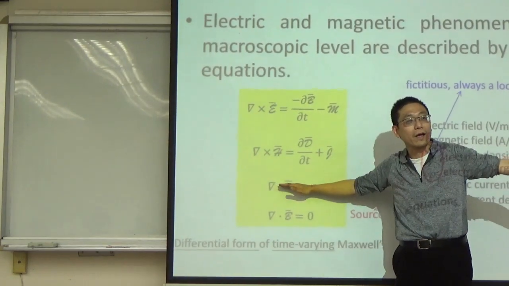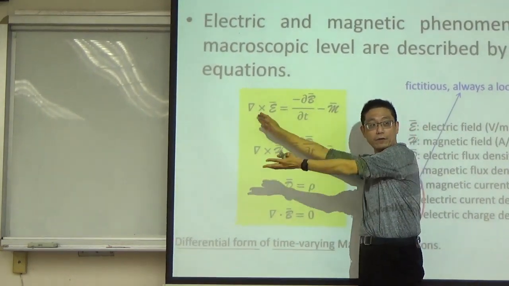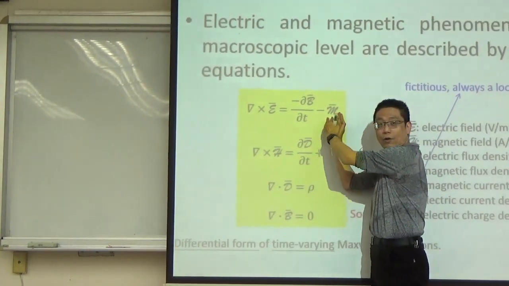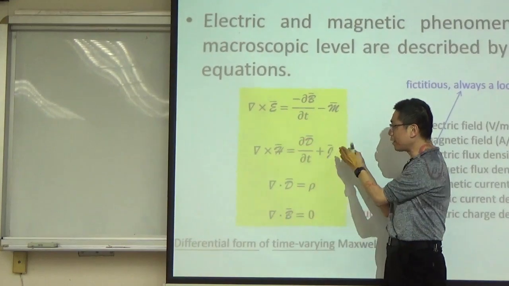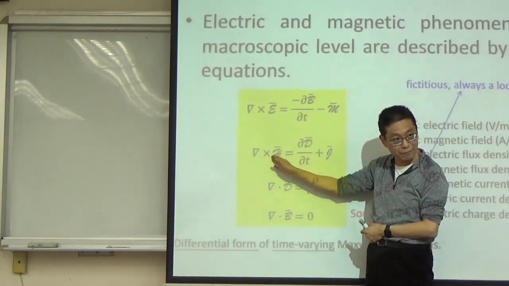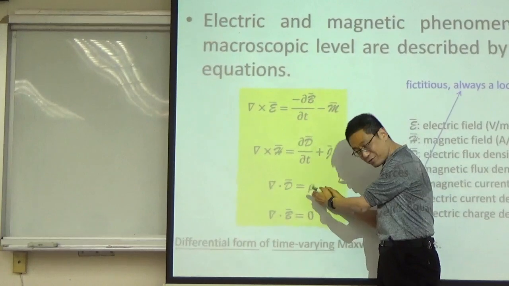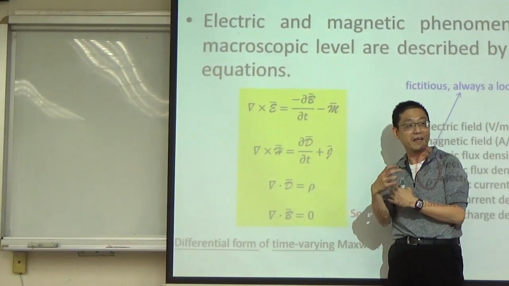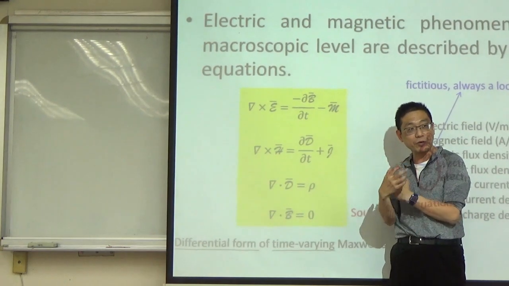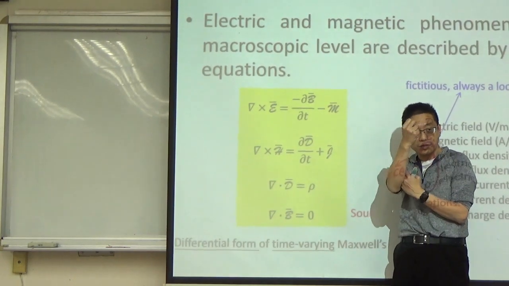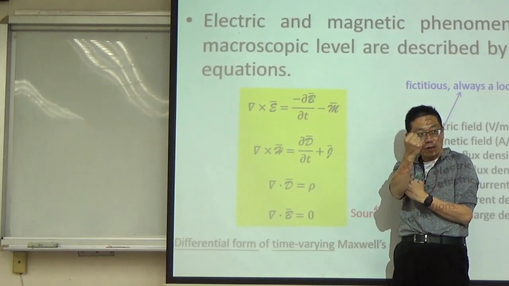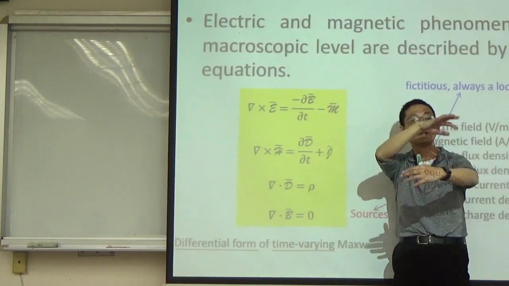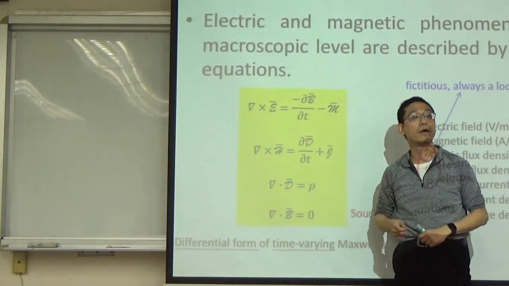This is the third one. I have a source, I have a field. I have a magnetic source, I have an electric field. I have an electric source, I have a magnetic field. I have an electric source, I have an electric field. They come together. What are the E and H fields around this media, around this area, right?